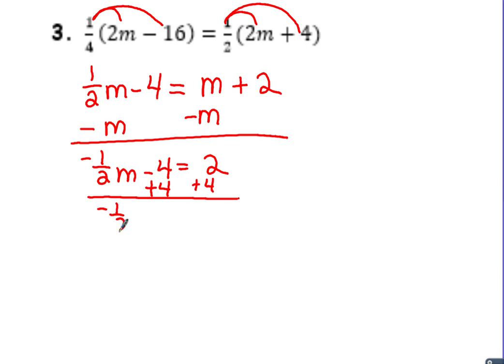Negative 1/2 m equals 6. You can divide by the fraction of negative 1/2 or multiply by its reciprocal. It has to be negative though. So m equals negative 12.